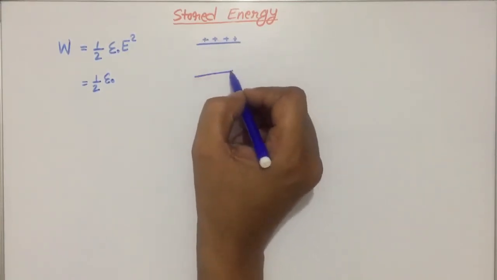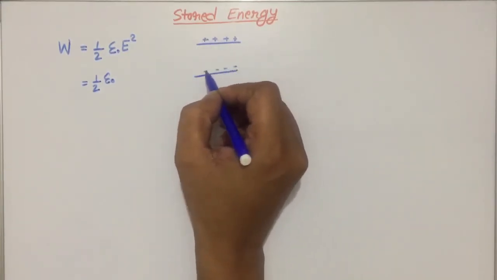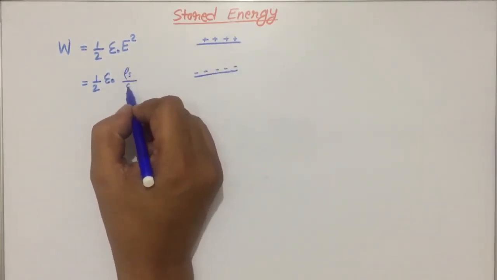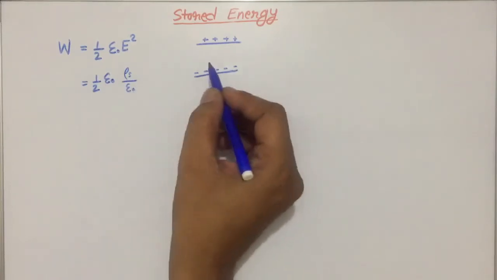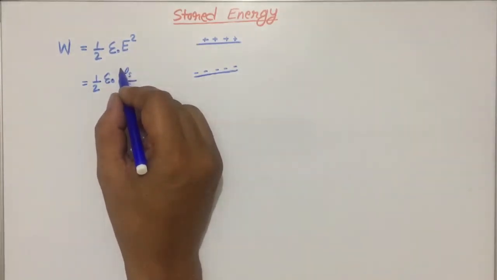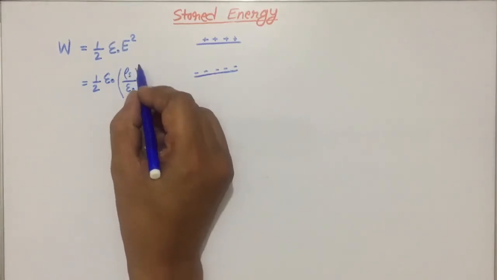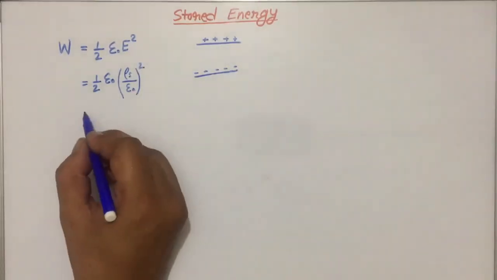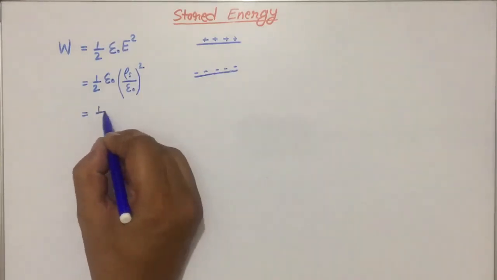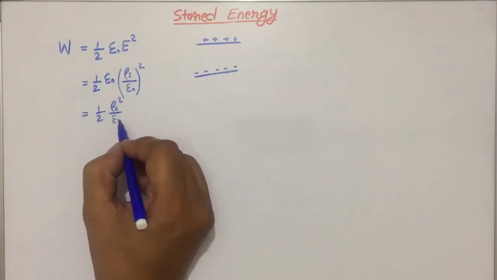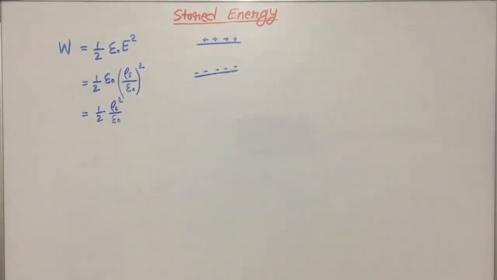In that case, we derived that E can be written as rho s by epsilon naught if the medium is air. Now we can proceed like this: rho s square by epsilon naught. This is the energy density.